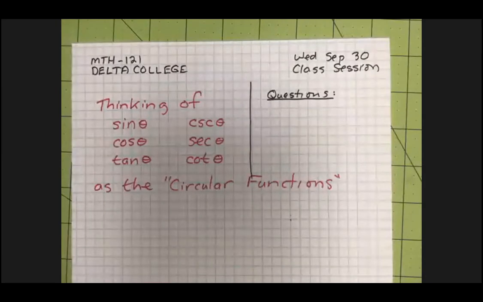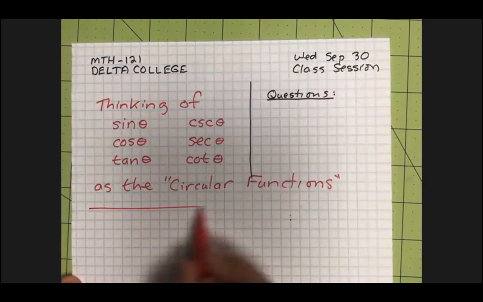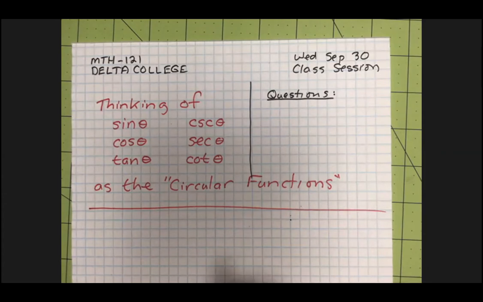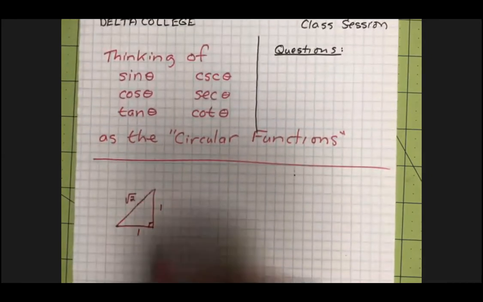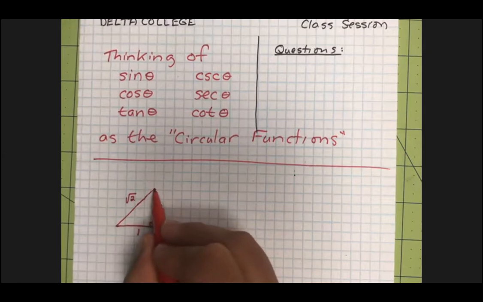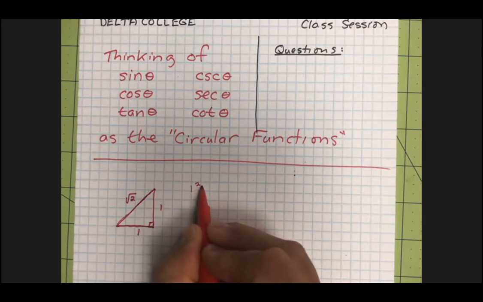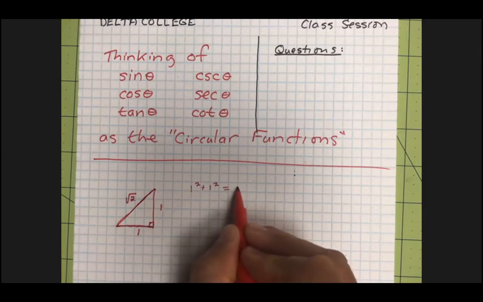So let's get out of there and go back to my picture. Do you remember the day that we said a 45, 45, 90 triangle has the side ratios of root 2, 1, and 1? The reason we said that is because if you let the 2 legs be 1, then 1 squared plus 1 squared is equal to 2.